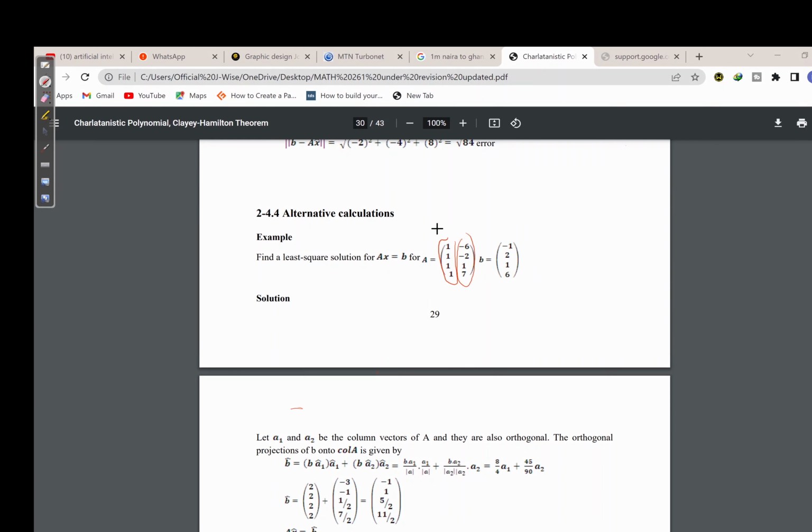So you find the orthogonal projection of b onto the columns of A. When you do that, you get this. Then you simplify this. That's A x hat equals b hat.